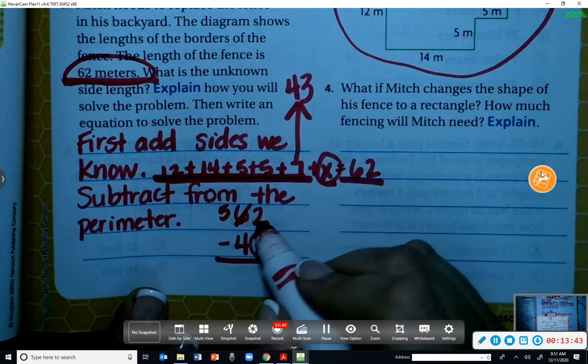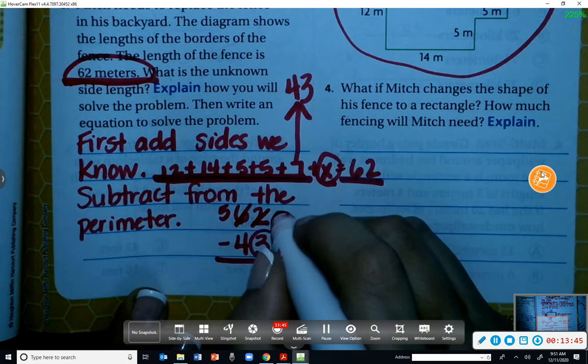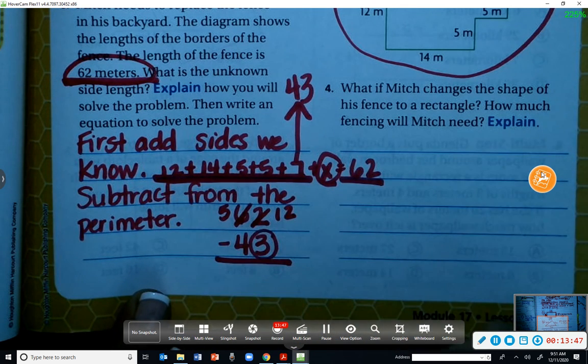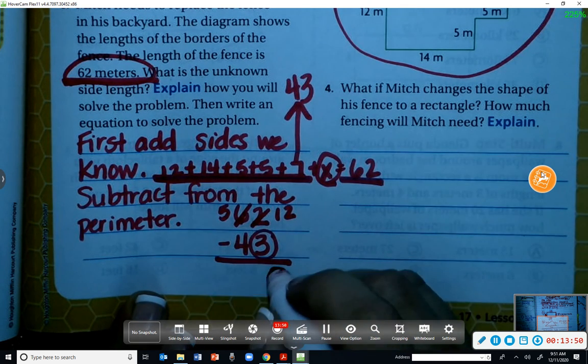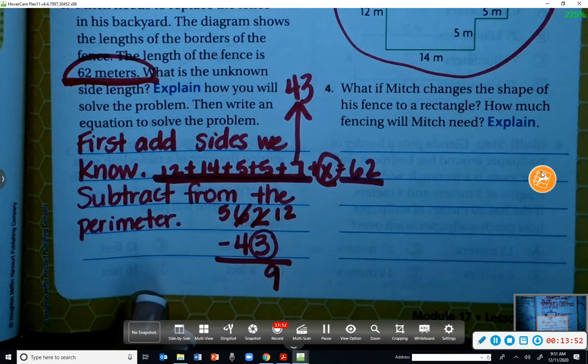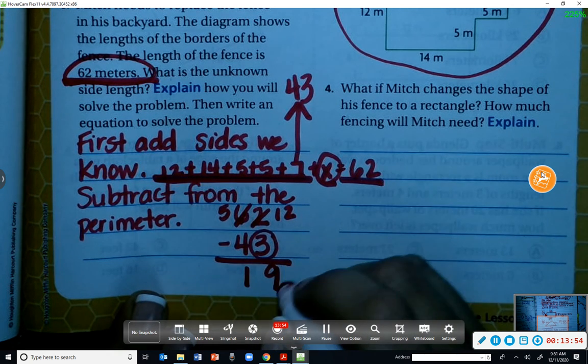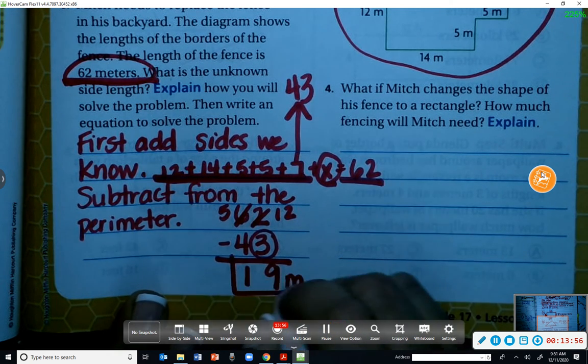Okay, it becomes a 5. 2 becomes 12. Okay, 12 minus 3? 9. 5 minus 4? 1. So 19 meters was your missing side length.